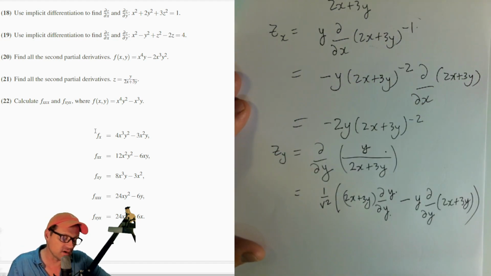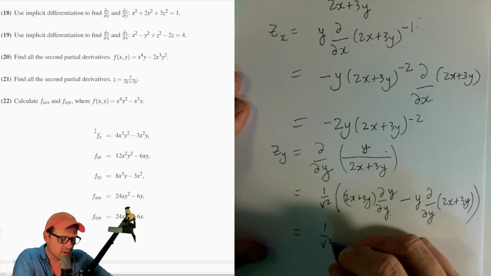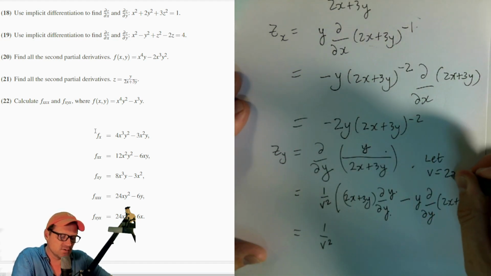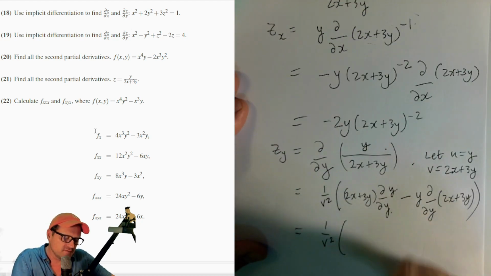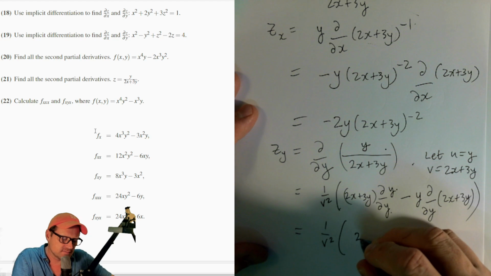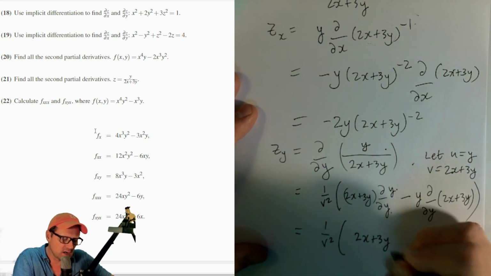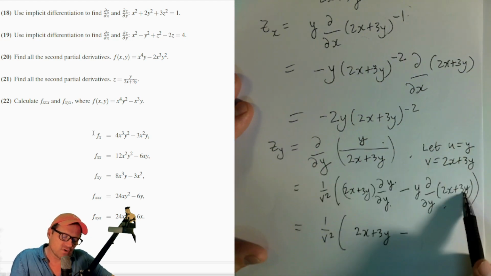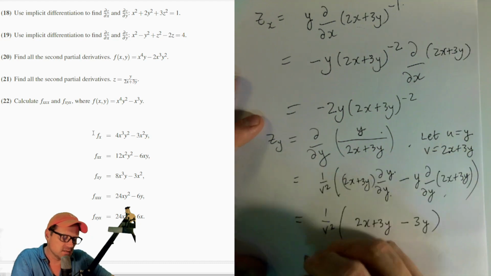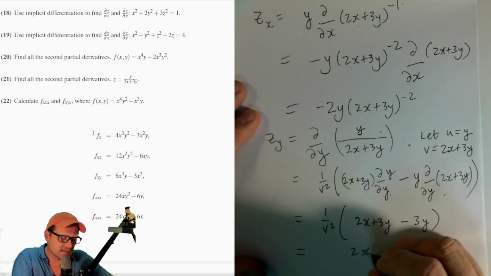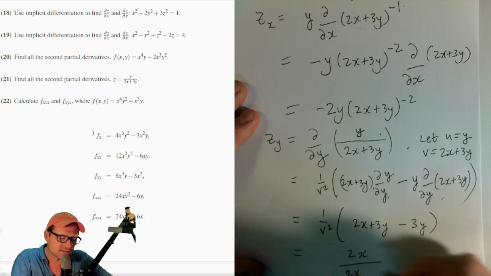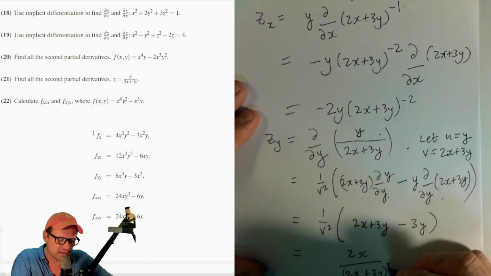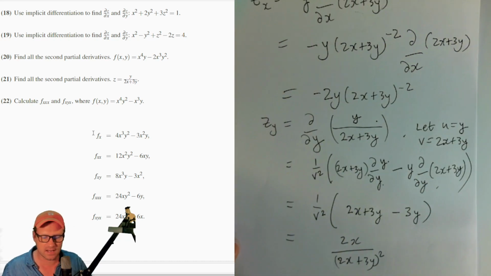Simplifying this, 1 on v squared, where v is 2x plus 3y and u is y, times, in brackets, 2x plus 3y, and then we subtract 3y. And so we have 2x over v squared, but v, remember, is 2x plus 3y, and then that gets squared. So there's z subscript x and z subscript y.